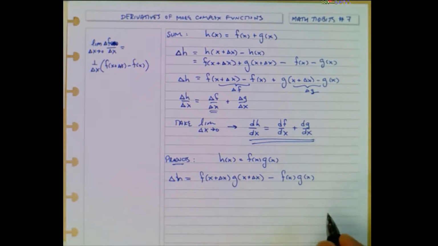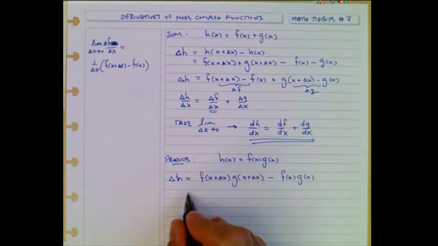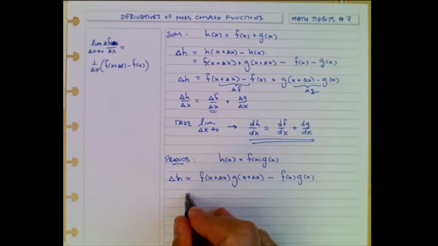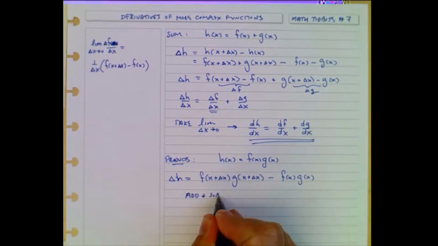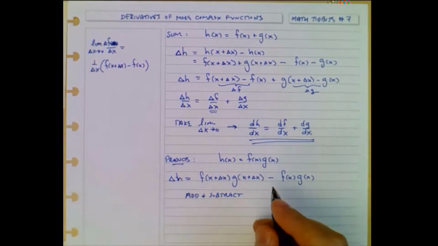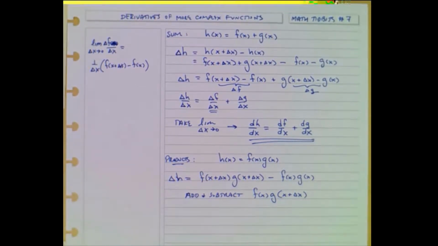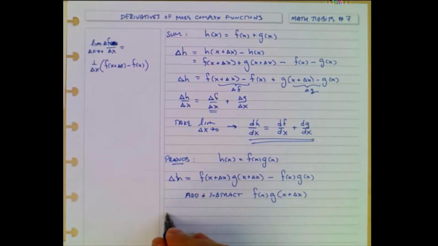And we then want to do, well, it's not very tricky. We want to add, it may not be very obvious, but we're going to add and subtract something which is useful: f of x times g of x plus delta x. Okay, we can add and subtract the same thing to an expression and not change its value.